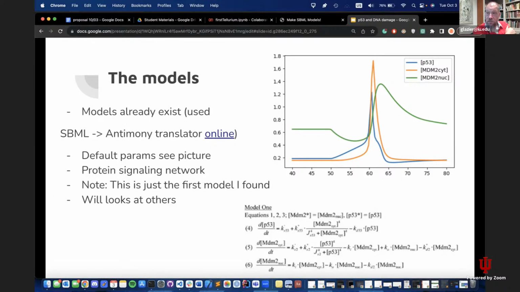That's exactly an activating Hill function of MDM2. And this constant is our K, our half-maximal K that we had before. So the letters have changed, but it's exactly what we did in class last week.